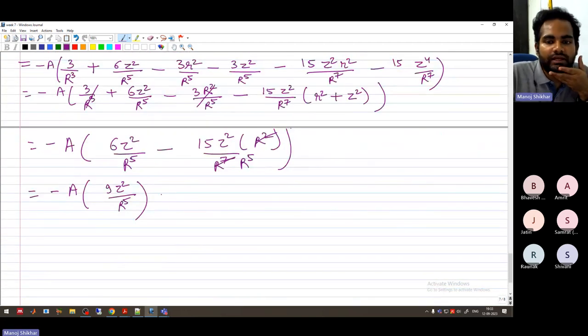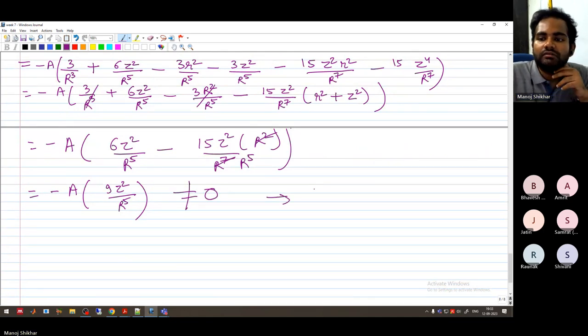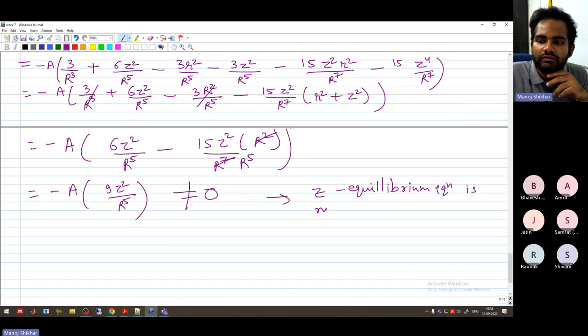And after calculating, if we are getting a non-zero value, this is not equal to 0. This means that the Z equilibrium equation is not satisfied.